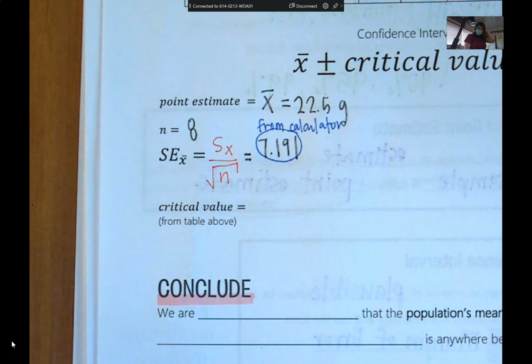So I plug into my calculator, 22.5, subtract 1.960, multiplied by 2.542. Then I'm going to round that to 2 decimal places, so 17.52.